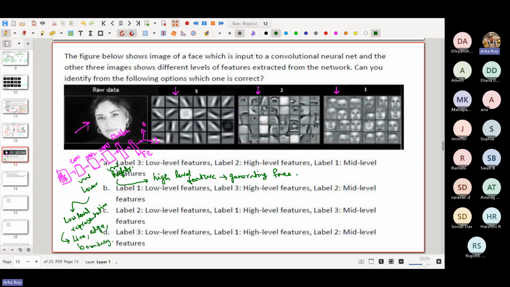In between the higher and lower layers, these are the mid-level layers. So they learn mid-level representation.